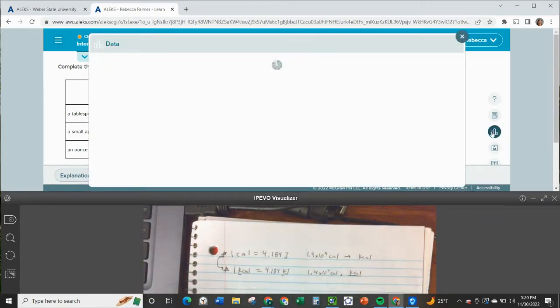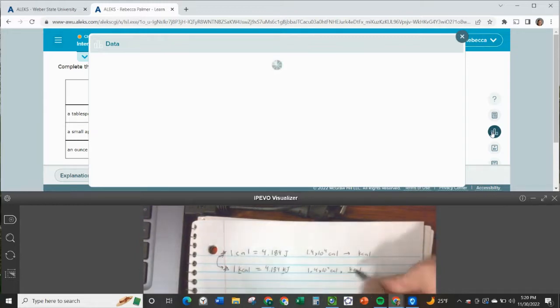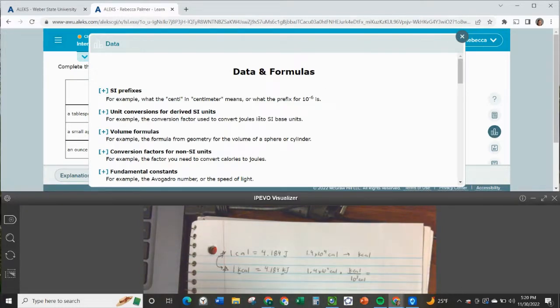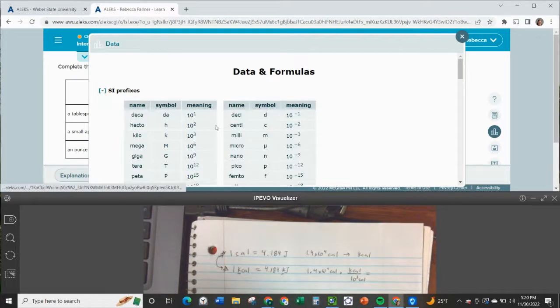It just takes a minute to load. But kilo means 10 to the 3 calories, so basically I'm just dividing this by 1,000. SI prefixes: kilo, little k, is 10 to the 3.